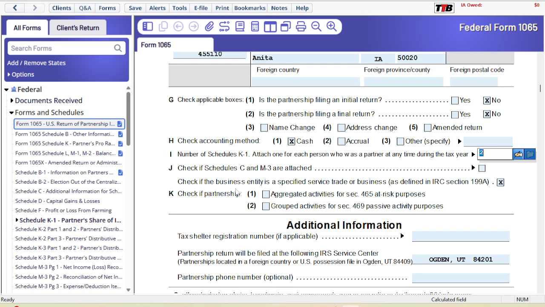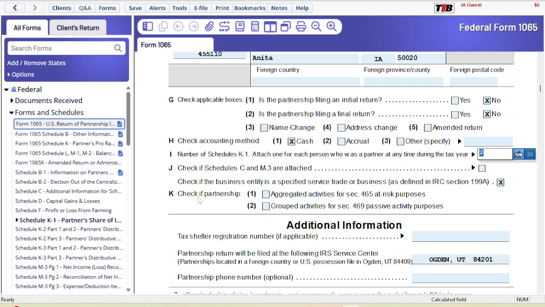Check if the business entity is a specialized service trade or business. This is for the QBI information, the qualified business income. So we are checking that.